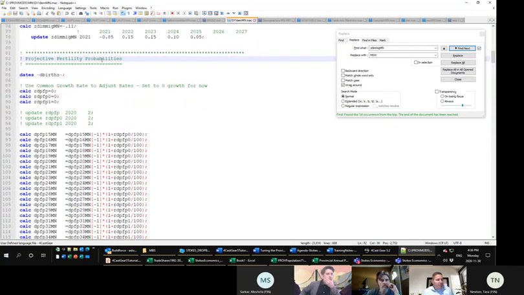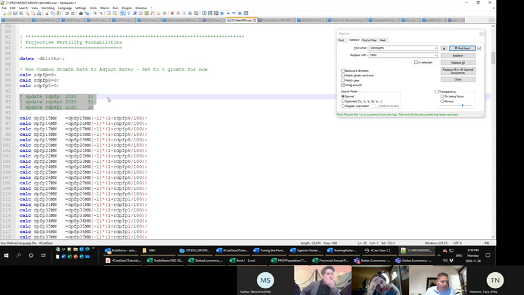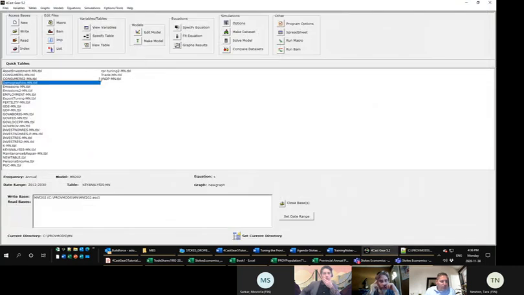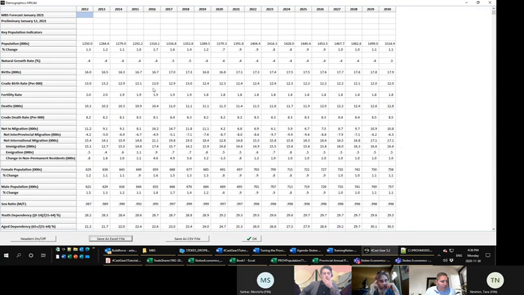Okay, so next we have our fertility probability stuff, and sometimes we have these tuned. What this is really about is the demographics table. You're just trying to make sure that the crude birth rate remains relatively stable in the first year here, which it is in this case, from known history to the first forecast year.